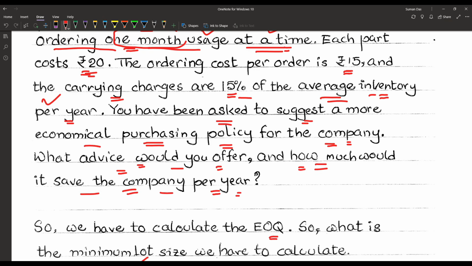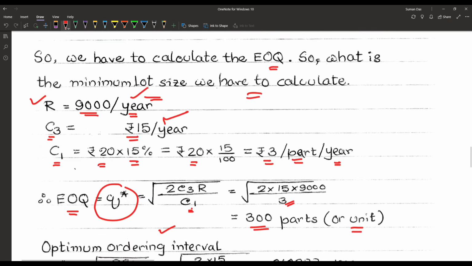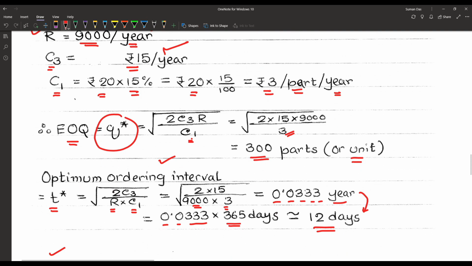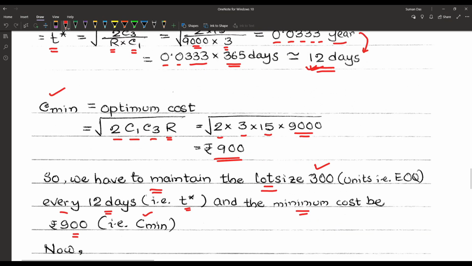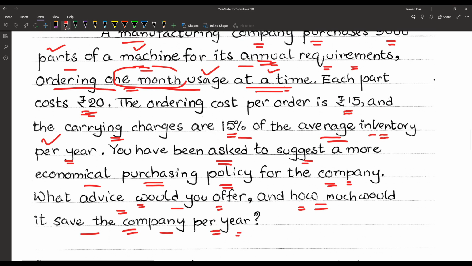So when we find the EOQ according to model 1A, that means when the demand rate is uniform per year, that is our result. We have the EOQ 300, the optimum ordering interval 12 days, and the optimum cost 900. Let's go through the policy of the company.